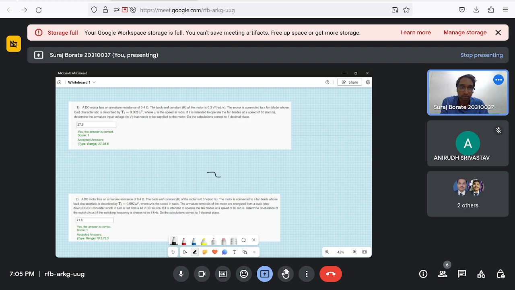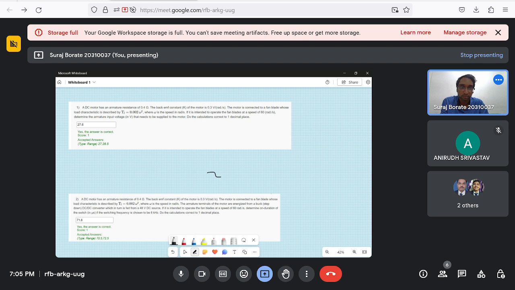Okay, so now what is the value of duty cycle? We need to find the value of duty cycle. How do we find the value of duty cycle? For that we need this VA, right? So how can we find the value of VA?